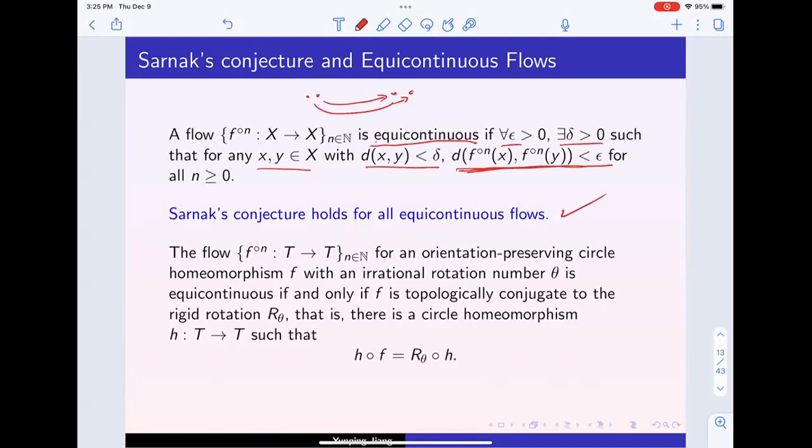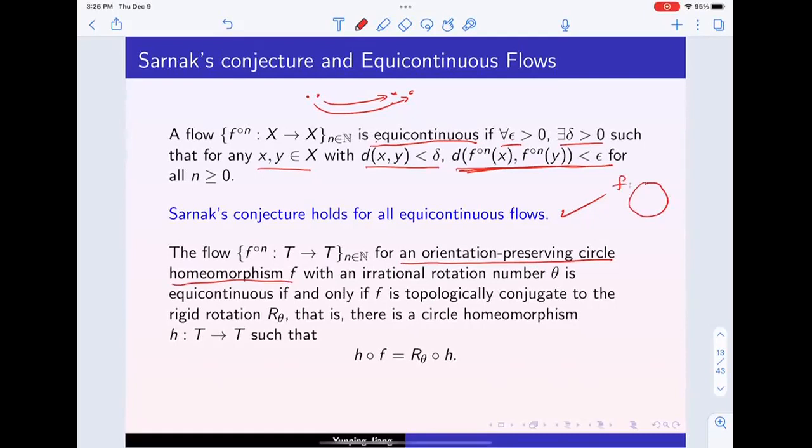When he made the conjecture, he already saw that. So, for example, what is an equicontinuous flow? The simplest one we can see is any orientation preserving circle homeomorphism. Let's come back to the circle again.